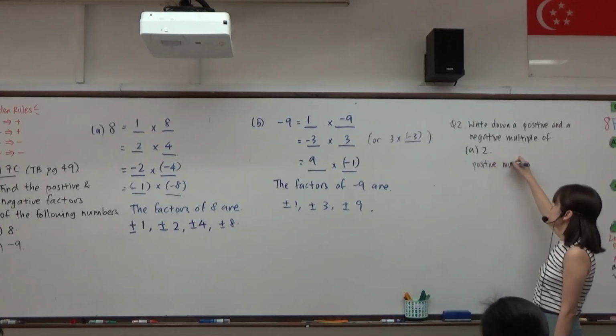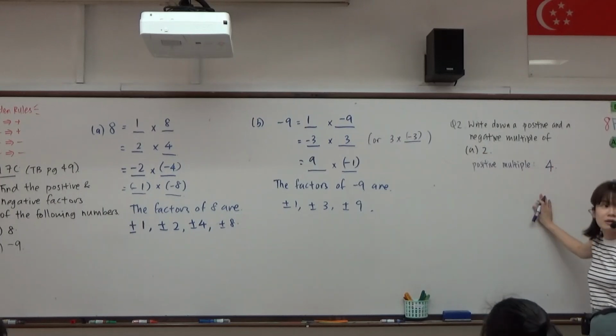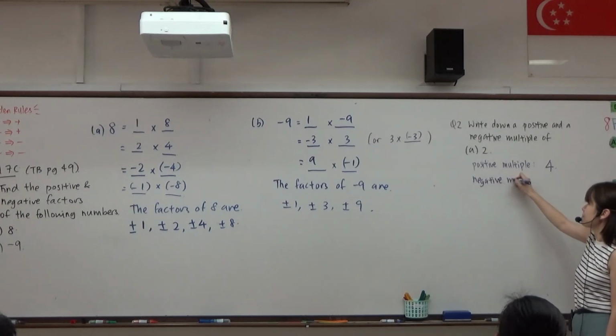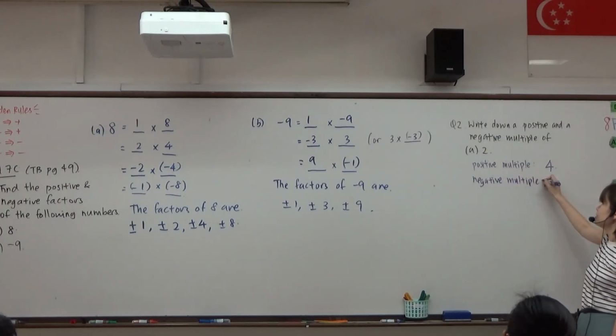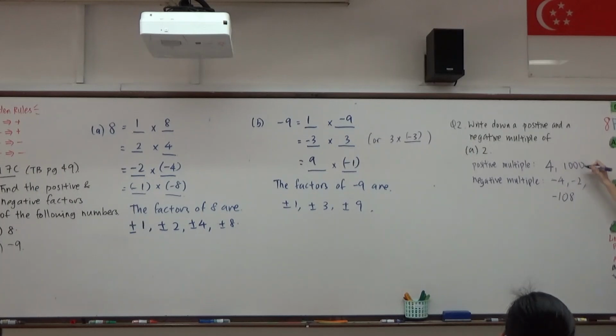Can you give me one positive multiple of 2? An easy one will just be 4. What about a negative multiple of 2? Negative 2 you can. Negative 108, yes. Any number, even 1000 is okay, but if you want to write so many zeros it's a bit of a waste of time. So we get the idea, yeah?